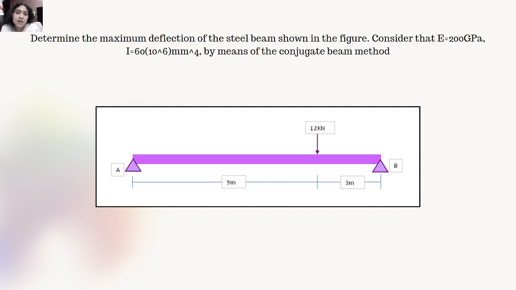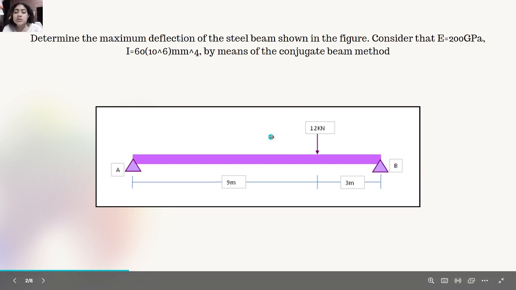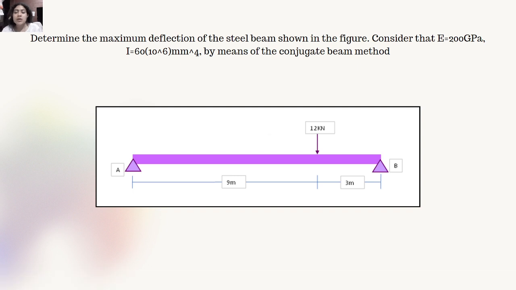First, I have the problem of determining the maximum deflection of the steel beam shown in the figure, and consider that E equals 200 GPa and I equals 70 by 10 to the 6 mm to the 4, by means of the conjugate beam method.